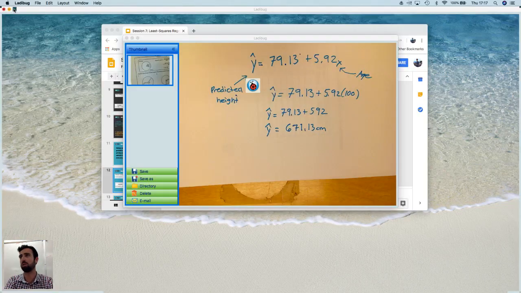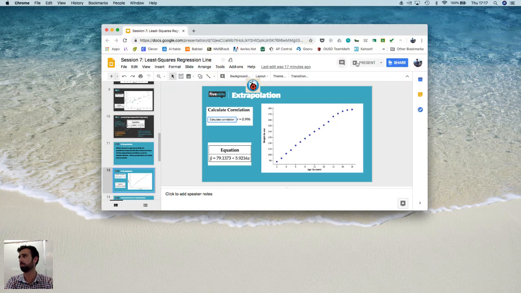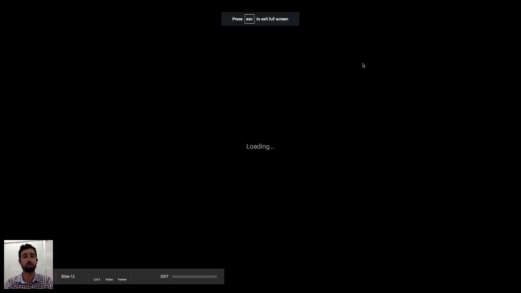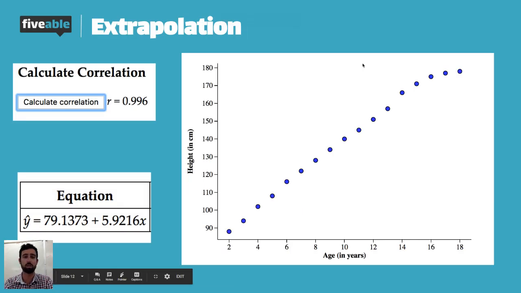Once again, we can't use data that is far outside our range. If we're looking at the data that we have here, we really wouldn't want to extrapolate any further than maybe 22, 23, because our data is not clustered there, so we don't know what happens as you age, right?